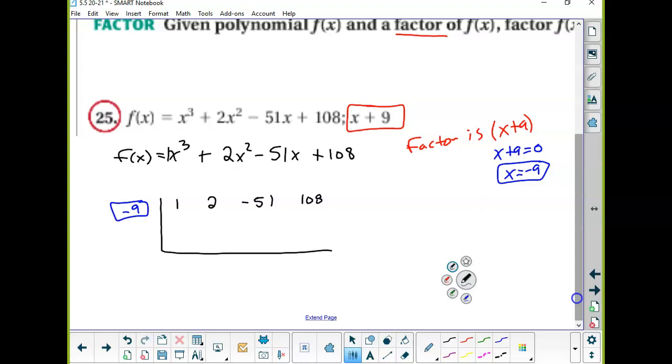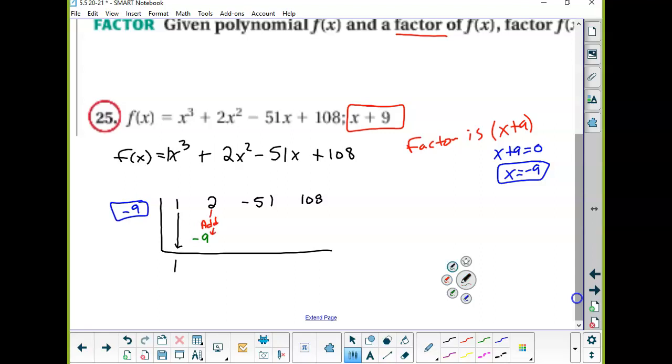And watch how this synthetic works. We drop down the first term every time. And then we multiply to go back up. So I'm going to take this 1 and multiply it by negative 9. So 1 times negative 9 is negative 9. And then to go back down, we add those two terms together.